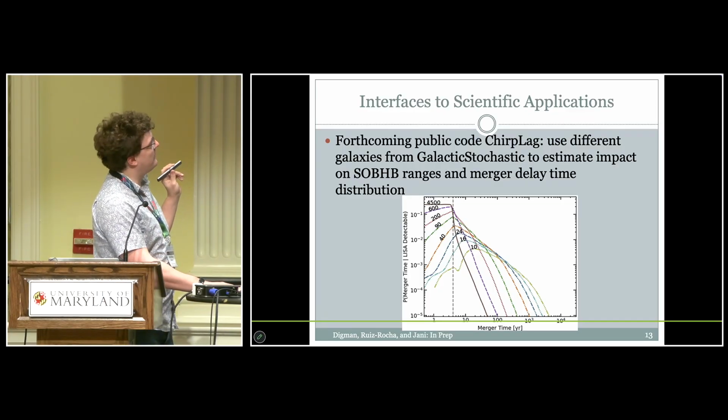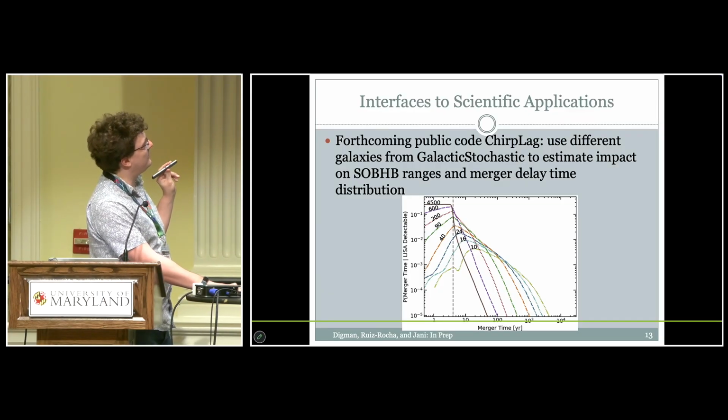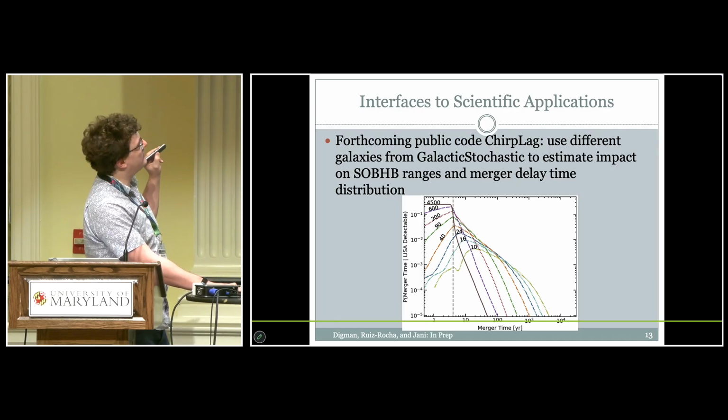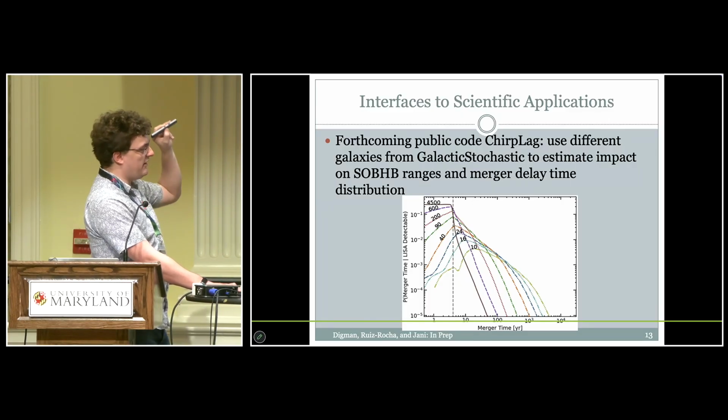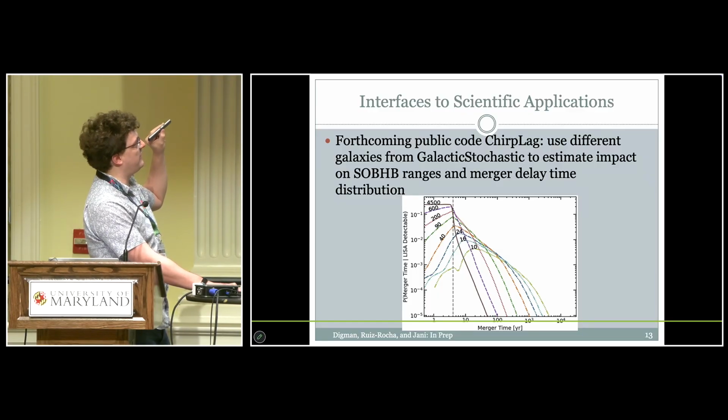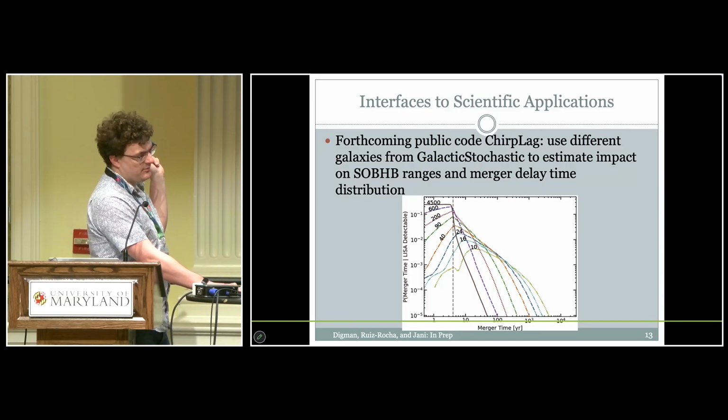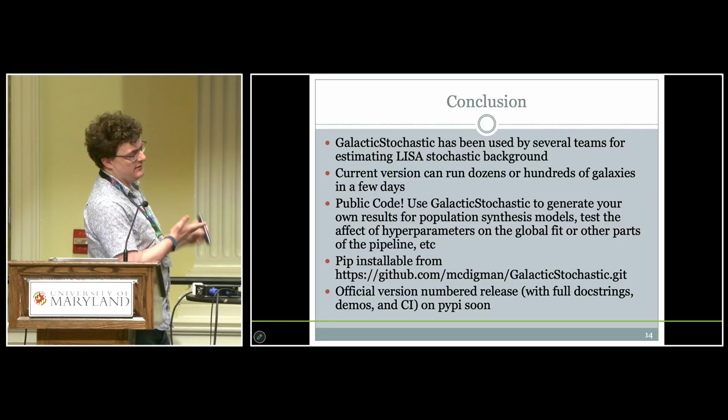For PBHs or something like that. But like I said, part of the point is that you can interface this code with the GalacticStochastic code as well, so that you can look at how the different galaxy models would affect the rate and detection characteristics of potential multi-messenger type things. And then those are the conclusions here.